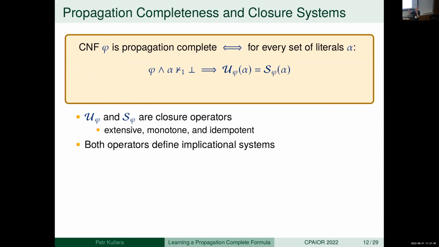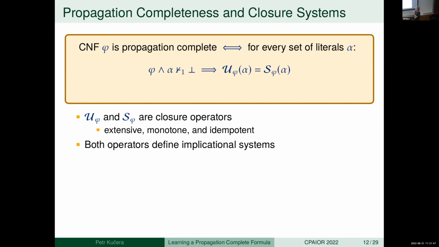Right? So one inclusion is always true. The unit propagation closure is always a subset of the semantic closure, but the opposite inclusion is true only for propagation complete formulas. What's interesting is that these are really closure operators. So they are extensive, monotone, and idempotent, which means that they define implicational systems.